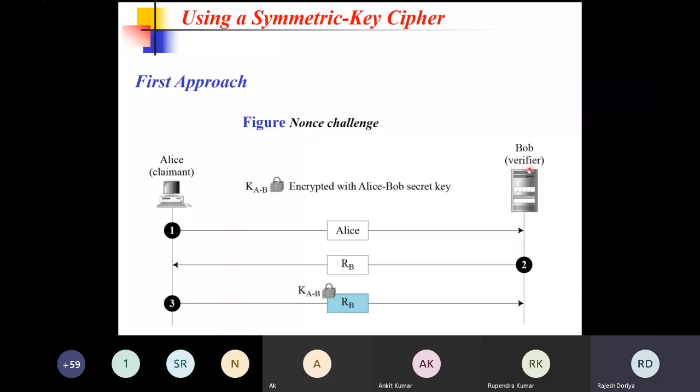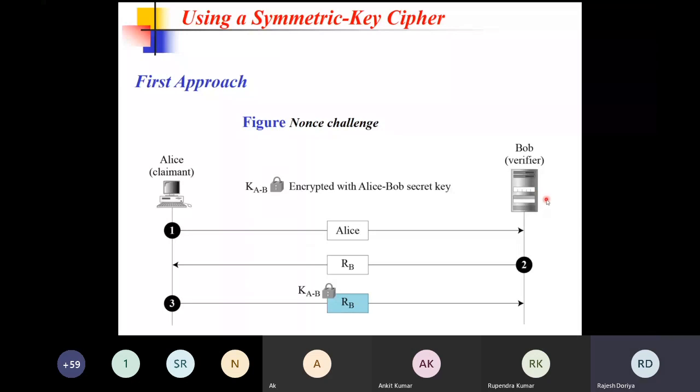In the first step, Alice sends a message that she wants to communicate with Bob. Thus Alice lets Bob know that she is trying to communicate with him. However, this particular step is not considered in the protocol.